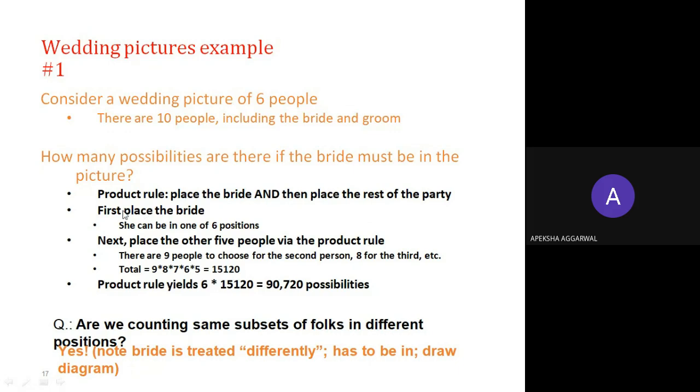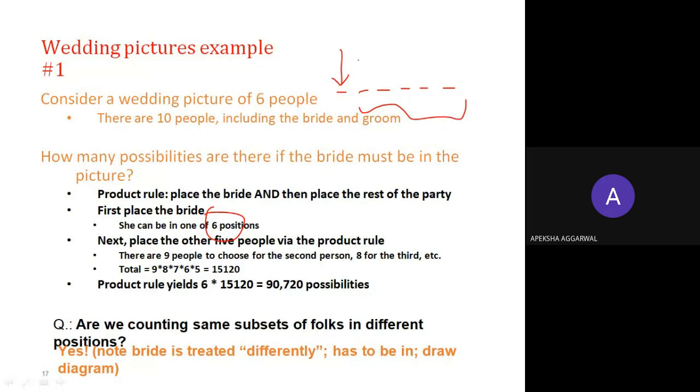First, place the bride. The bride can be in one of the 6 positions, right? You have 6 people in the picture, so in either of the positions, one position is fixed, let's say the bride. So the bride has 6 possible options. Now for the remaining places, one person is already selected, which is the bride.